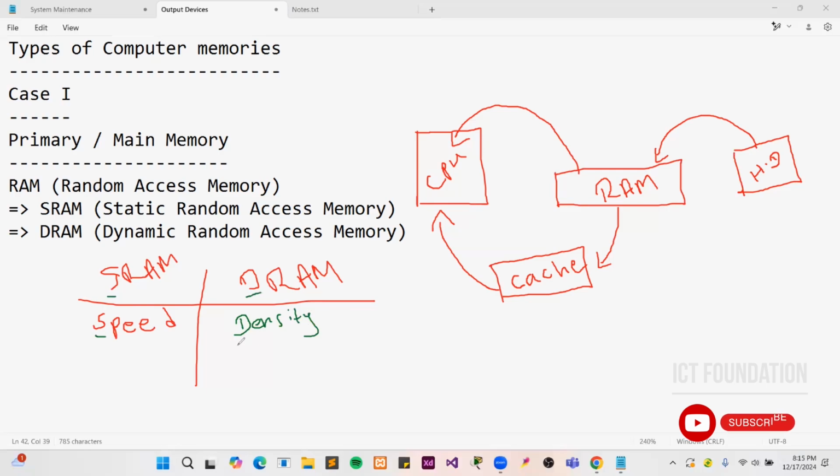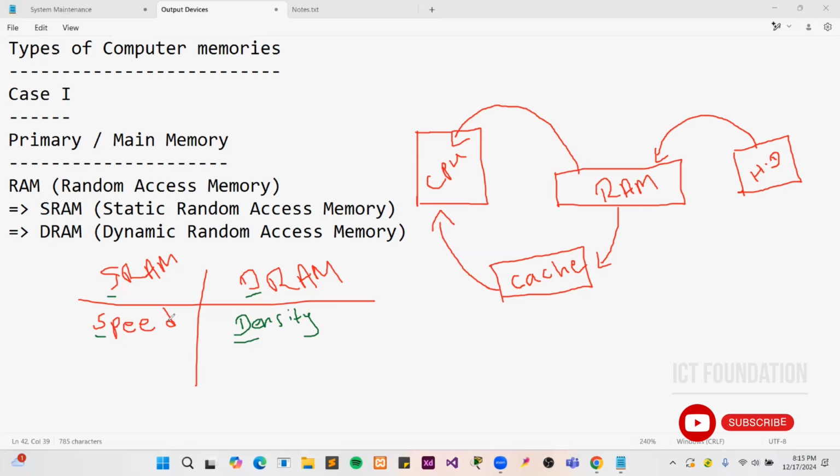DRAM has higher density than SRAM. Density means it is storing more data in a specific place. Or sometimes we can memorize it by the register numbers also. So easily you can memorize: density is higher than SRAM.